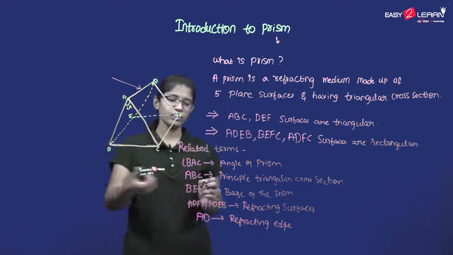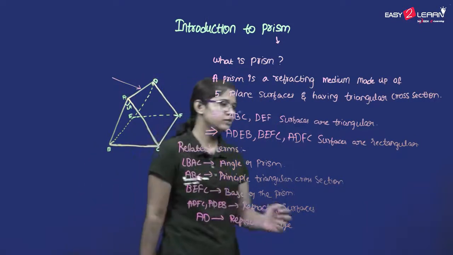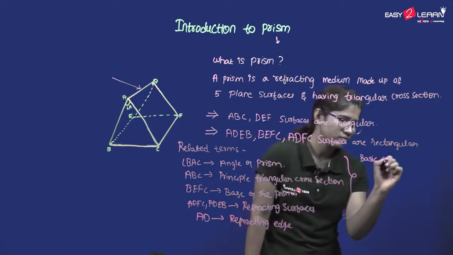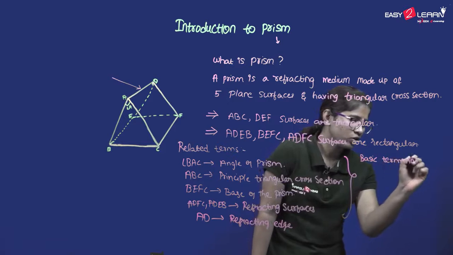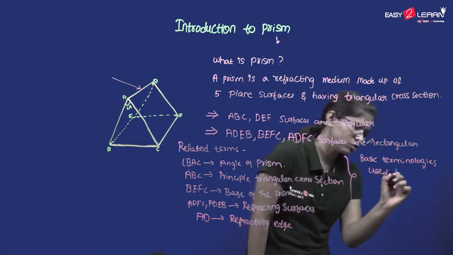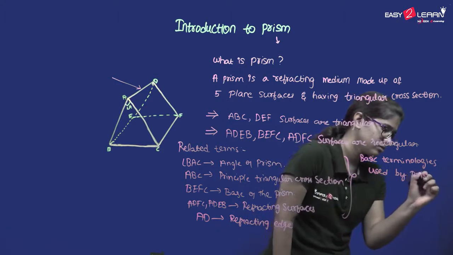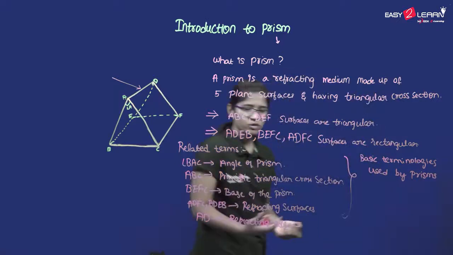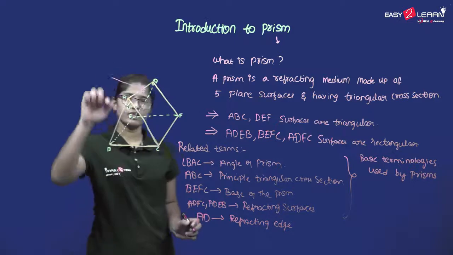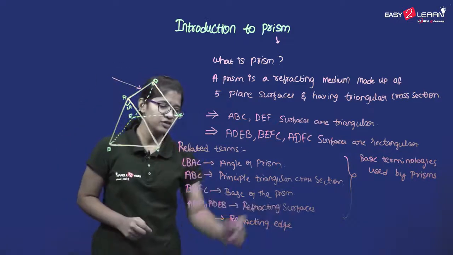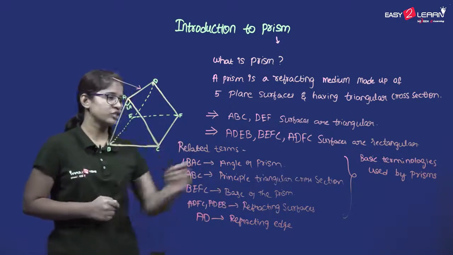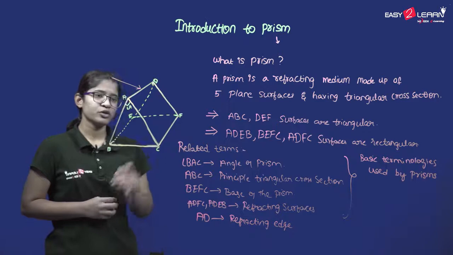So now we have got these basic terminologies used in the prism concept. This has a refracting edge, that is AD, and we know what the refracting surfaces are, what the base of the prism is, what the principal triangular cross section is, and what the angle of the prism is.